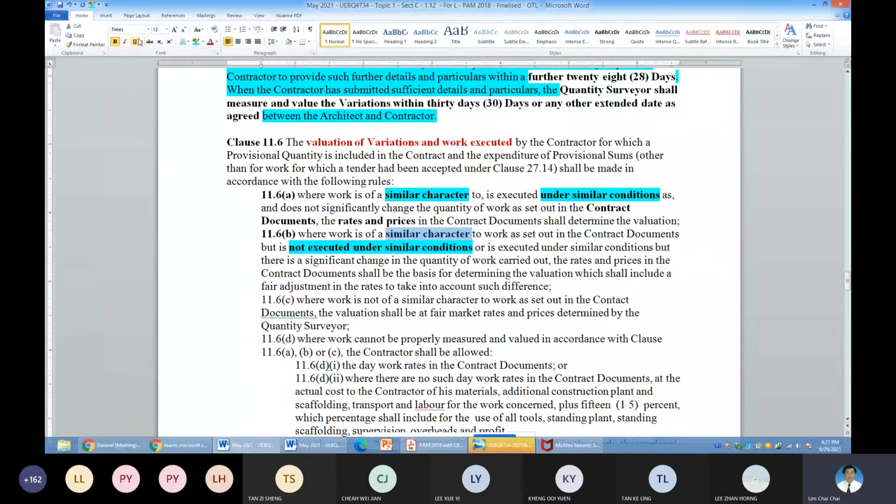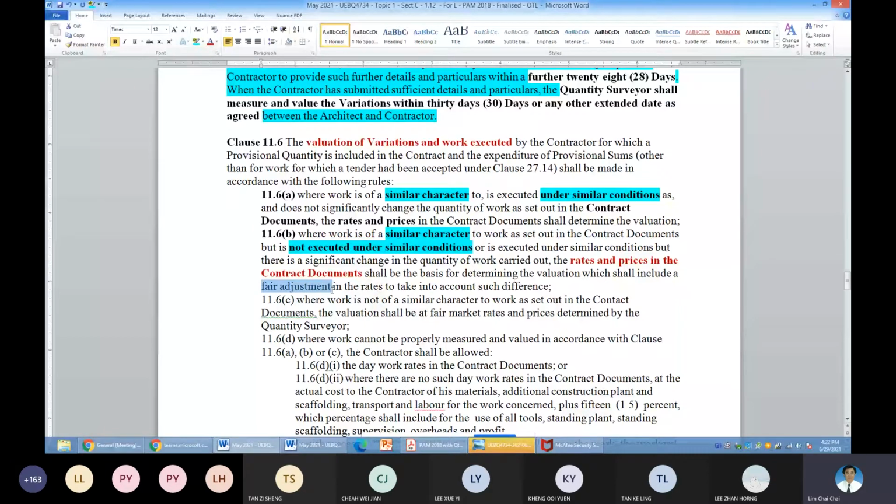So what rate to use? You use the rate in the document as a base, plus adjustment for the difference in condition. Fair adjustment in the rates to take account of the difference in condition.